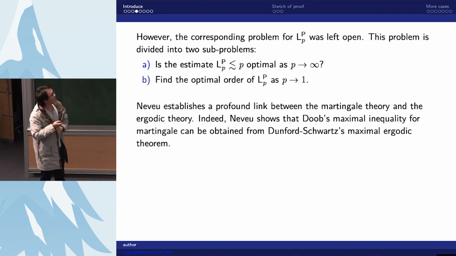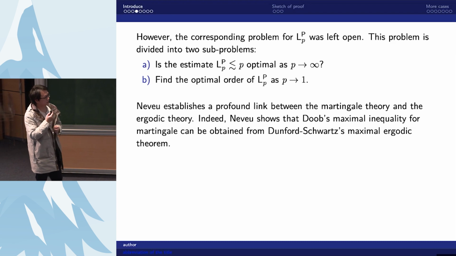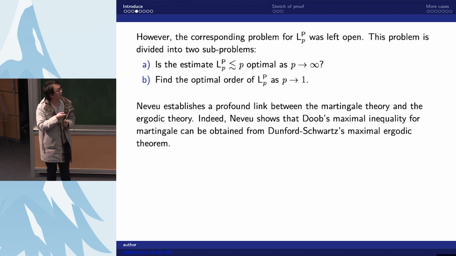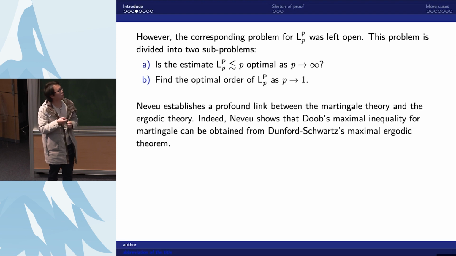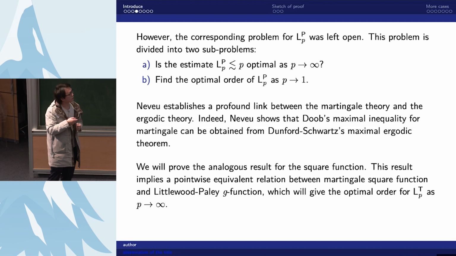Now, we use an idea developed by Nouveau that established a profound link between the martingale theory and the ergodic theory. He shows that Doob's maximal inequality for martingales can be obtained from the Dunford-Schwartz maximal ergodic theorem. We will prove the analogous result for the square function.